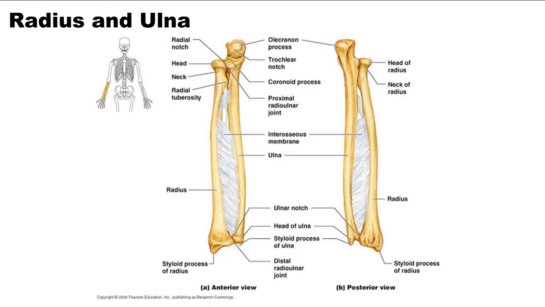The radius has more width at the distal end. Notice here, very important, that the radius and ulna have styloid processes on the distal ends.